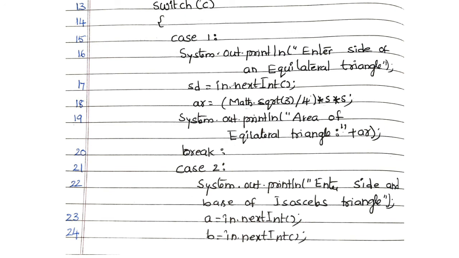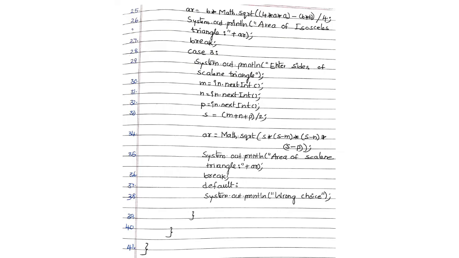Here I would like to calculate the area of an isosceles triangle, and we have to take the input A and B as the side and base of an isosceles triangle. That's why I have written here System.out.println enter side and base of isosceles triangle, and I have taken A and B as the input. And in the 25th statement, I have calculated the area of the isosceles triangle as per the formula given in the program.